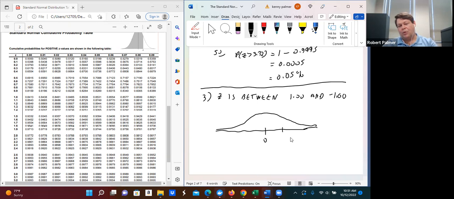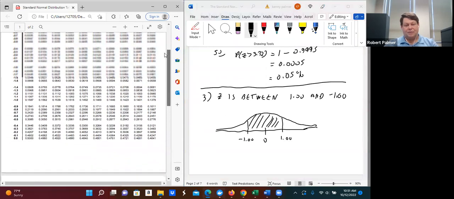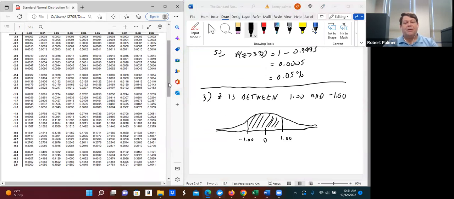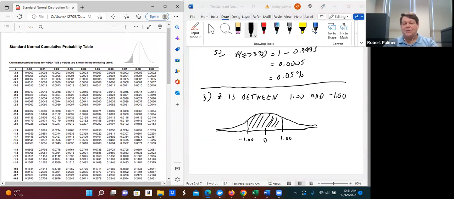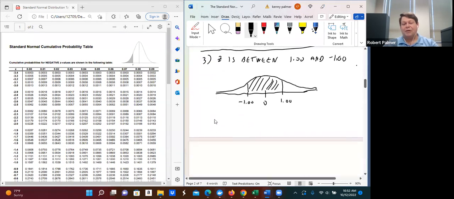So here is 1.00 right here, and here is negative 1.00. So I want to find this area right here, the area between those two. Now, obviously, the table is not going to give us that right away. So I have to think about how we can do this. So remember what the table gives us is always the area to the right. We can still use that to our advantage if we think about it a little creatively.